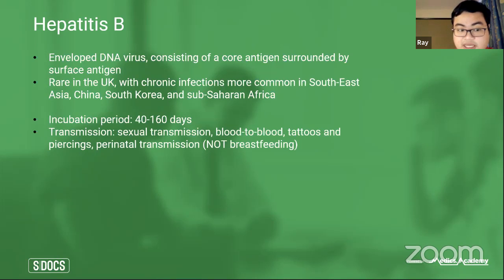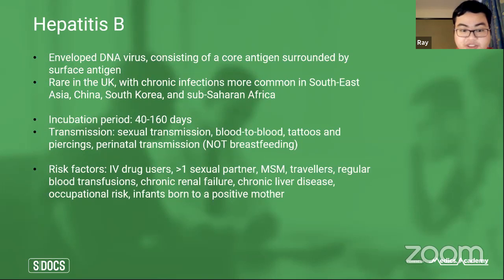It has an incubation period of 40 to 160 days, okay? Now, hepatitis B is a sexually transmitted infection, so you would have sexual transmission. And in addition to that, you will have blood-to-blood, tattoo and piercings, and perinatal transmission, okay? However, transmission via breastfeeding is unlikely unless the nipple itself is bleeding or cracked.